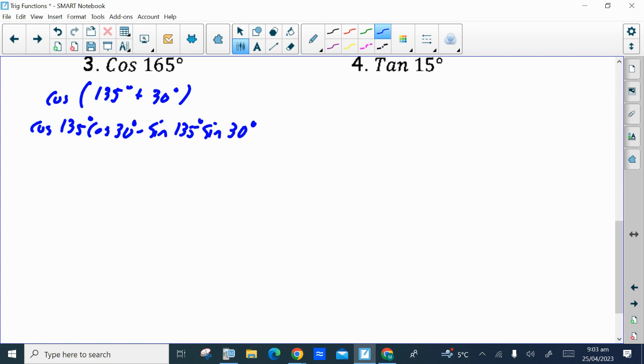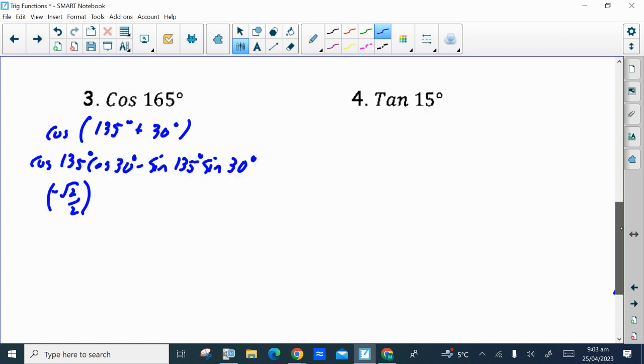Now again, that angle of 135 degrees has a reference angle of 45. It's in the second quadrant, which remember the CAST rule tells us is the S quadrant. So the cosine is negative root 2 over 2 times the cosine of 30.